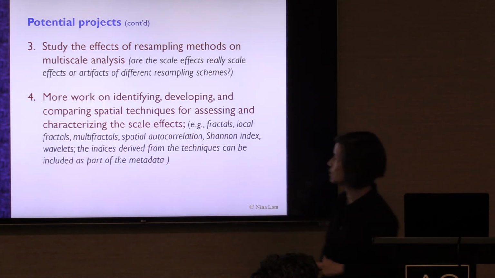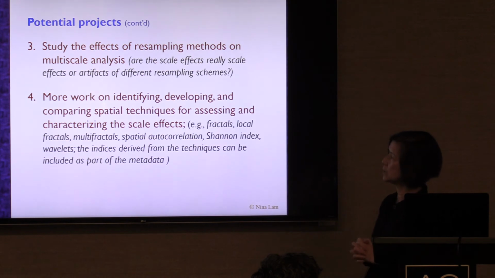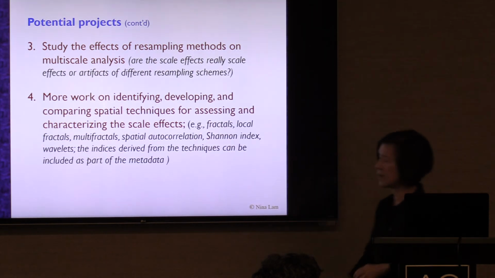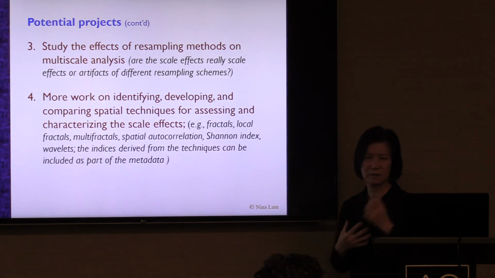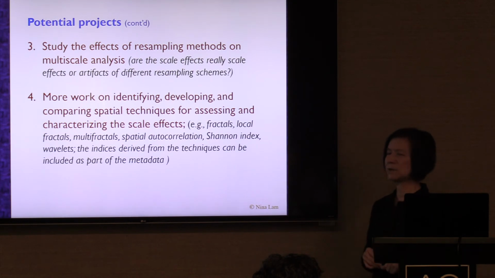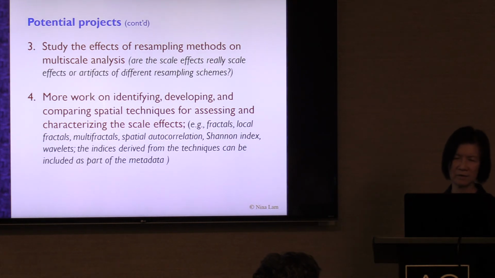And another potential project is that maybe we need to do more work on identifying, developing, and then comparing techniques. The variogram, and obviously the multi-scale GWR, would be something that could be used.